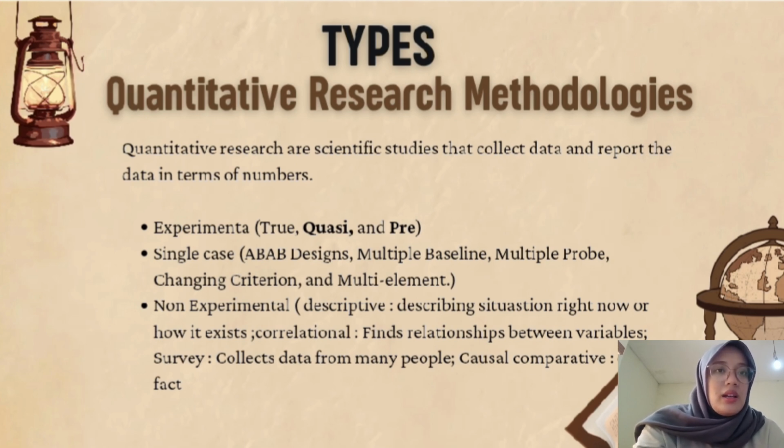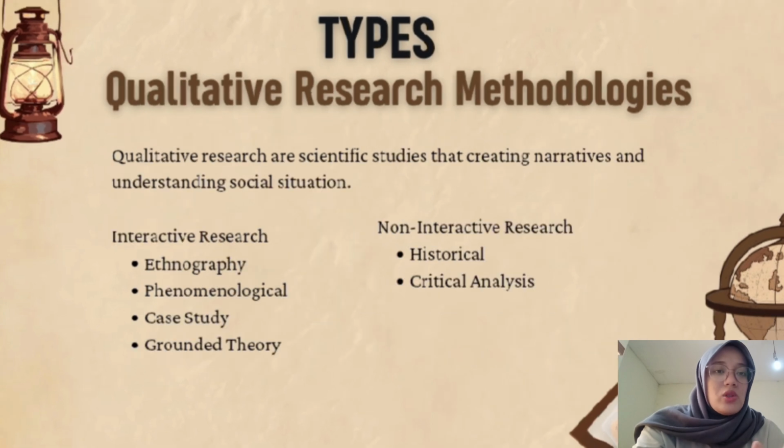And then for the next type is qualitative research methodologies. So qualitative research methodologies is scientific studies that create narrative and understanding of social situations. So there are two types in qualitative, that is interactive and non-interactive.